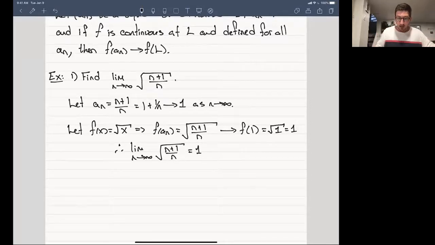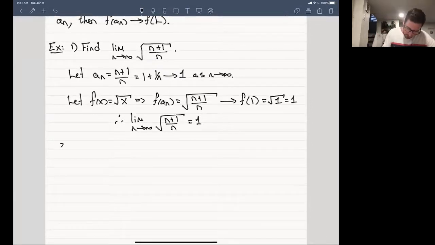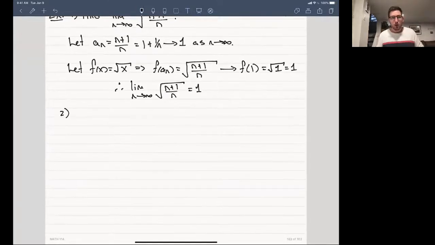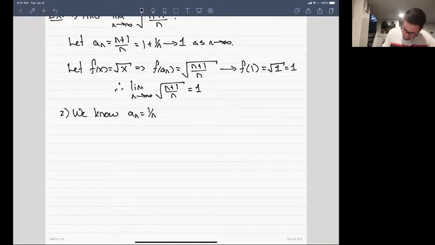Let's take another example. This one is kind of fun. So let's look at this sequence. We know an equal to 1 over n converges to 0 as n goes to infinity.